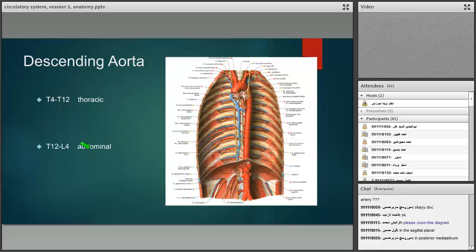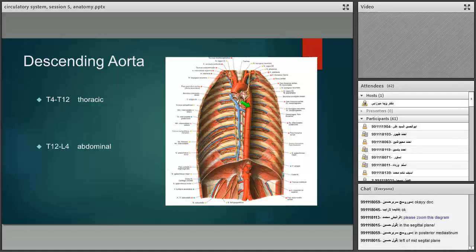Yes, it is in the posterior mediastinum. The place of the thoracic aorta is in the posterior mediastinum and on the left side of the mid-sagittal plane. Here we have the mid-sagittal plane and the aorta is placed on the left side of the mid-sagittal plane, not in the midline.